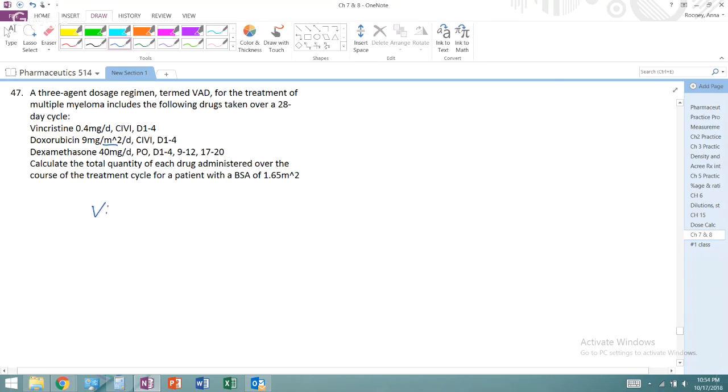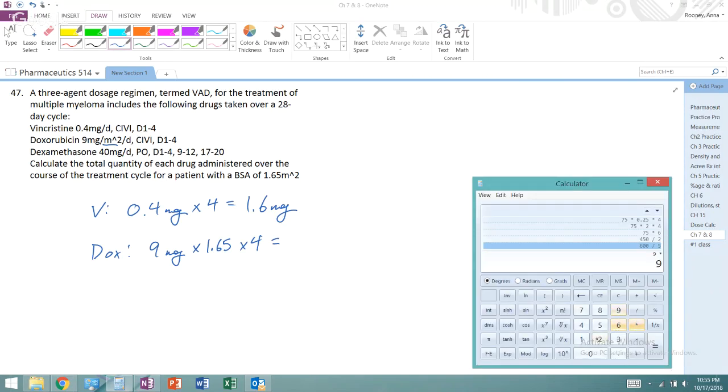So vincristine is 0.4 milligrams times 4 equals 1.6 milligrams for the treatment cycle. And then dox is 9 milligrams per meter squared times 1.65 meters squared, and then that's times 4.